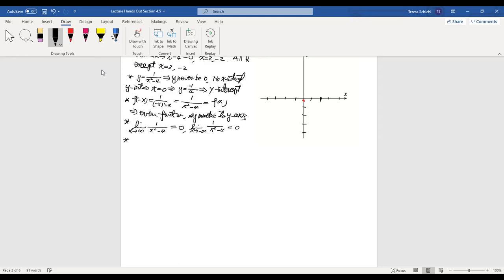Remember, the vertical asymptote is where the denominator is not defined, right? So I look at the limit as x approaches 2. If x approaches 2 from the right-hand side, x squared minus 4 is always a little bit bigger than 0, so we always get positive zeros here.